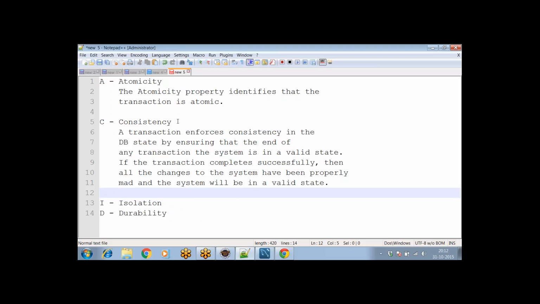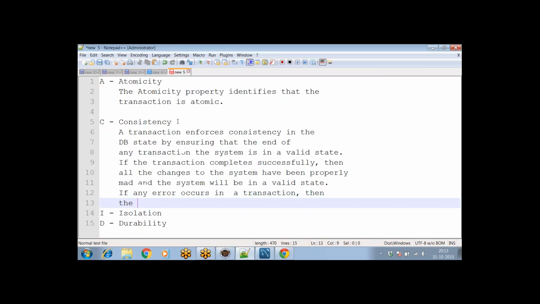And if any error occurs in the transaction, then the changes already made will be or should be rolled back.